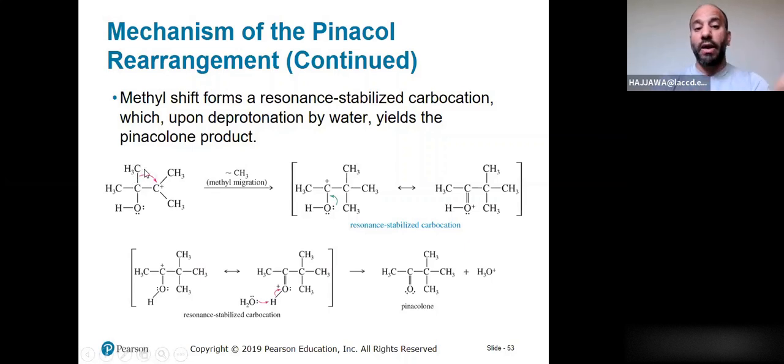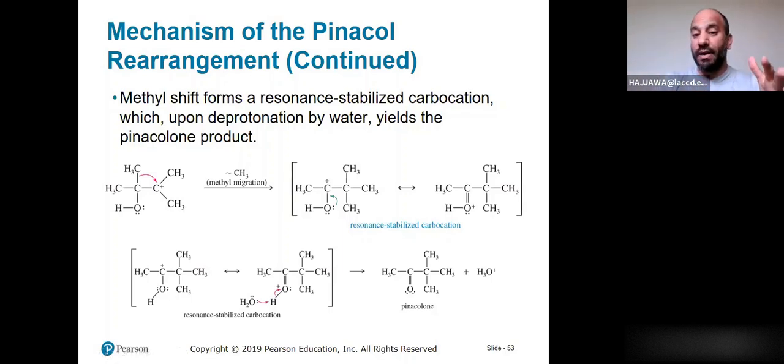And the reason why it rearranges is because of the next step, and we'll see what that next step is. That CH3 will rearrange or migrate to the carbocation. So it's going to give you basically the tert-butyl moiety attached to a carbocation that will be stabilized by the oxygen lone pair. Here, the carbocation stabilization is because of the sp3 C-H bonds.